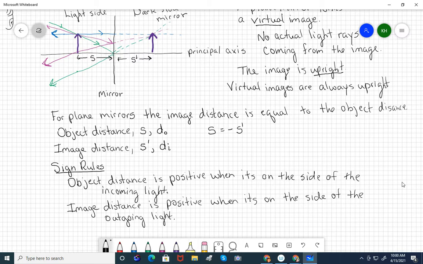In front of the mirror, you have a positive image distance. You can form images both behind and in front of mirrors. For a plane mirror, those distances are always equal, except for the sign. One will be positive and one will be negative.